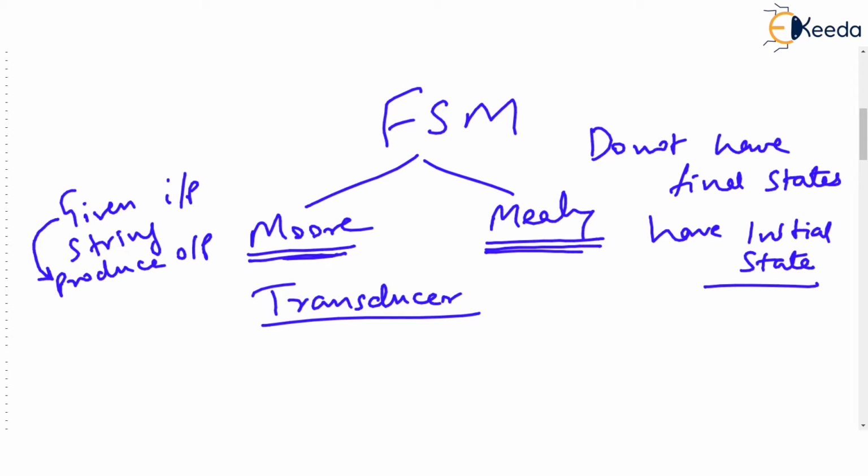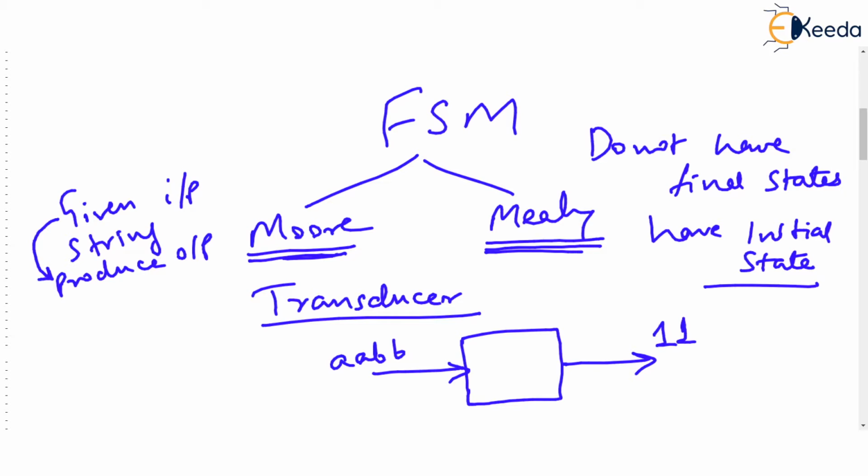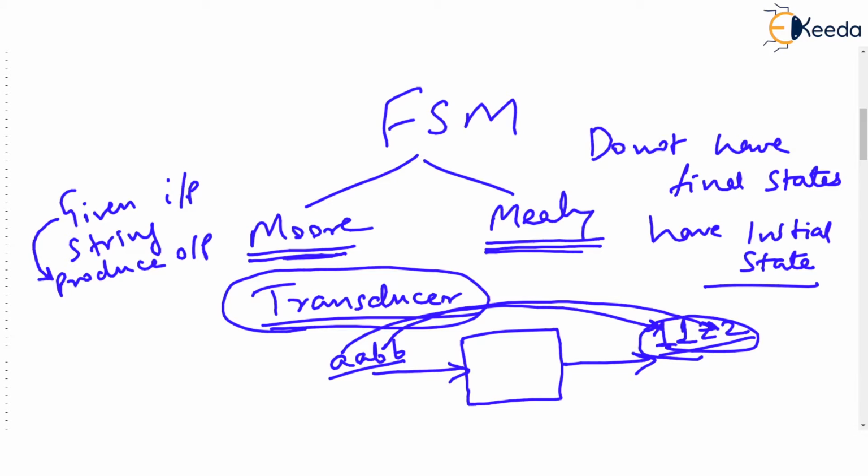The basic definition of a transducer is, you give some input, for example, AABB, and this transducer will transform this input into output such that the output may be 1122. So every A is transformed to output 1 and every B is transformed to output 2. Just an example I am giving. So this is a simple input to output mapping, which these transducers do. And the same thing is going to be done by Moore and Mealy machines.